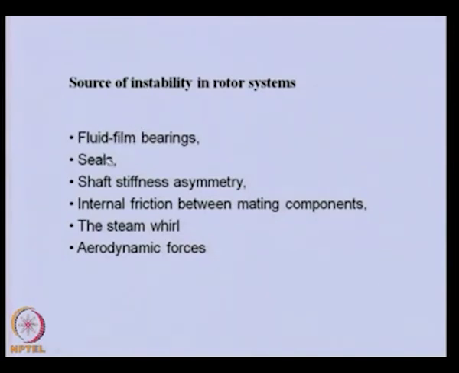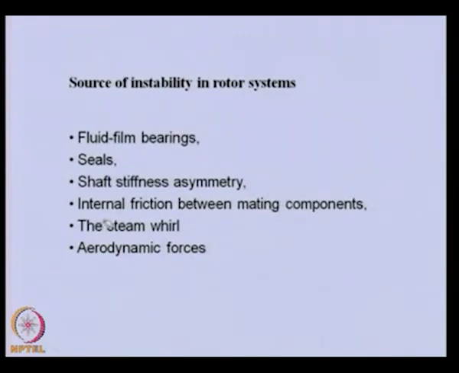Apart from that, seals also give instability, especially in high speed rotor applications. Shaft stiffness asymmetry also gives instability in the rotor system. Apart from this, internal friction or hysteretic damping, or even the damping between two mating components in a rotor, can give instability. These instabilities, with a simple model of the rotor, we will investigate in detail in subsequent lectures.